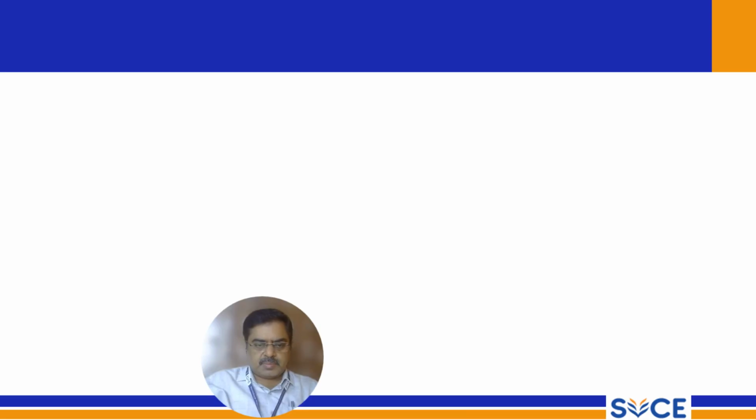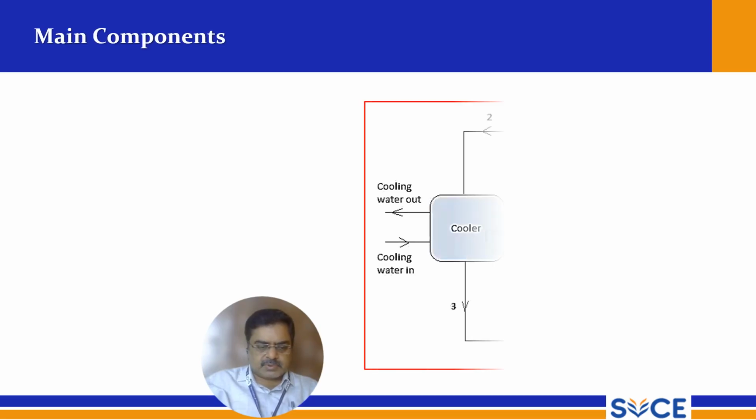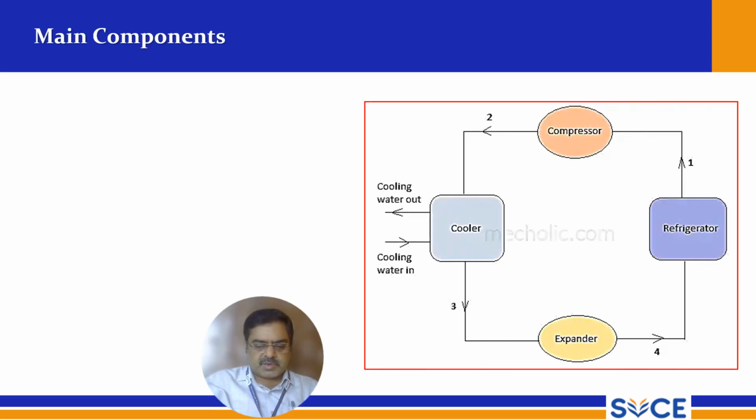So the main components here, this is the simple block diagram. We can see here we have a compressor, and from the compressor the compressed air is sent to the cooler, and from the cooler it is sent to the expander. From the expander it is sent to the refrigerator space.